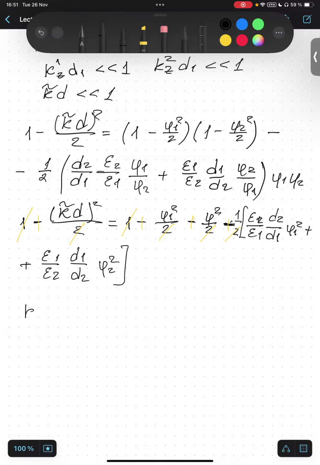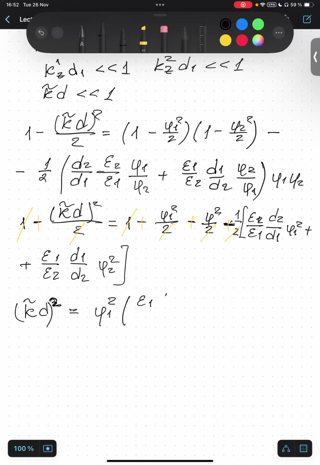What we'll have is k tilde d squared equal to, let's collect the parts with phi1 and phi2.